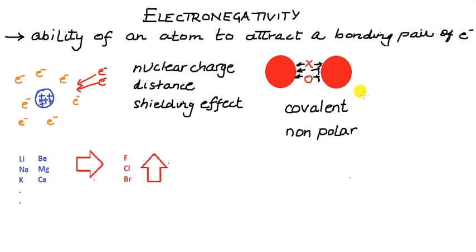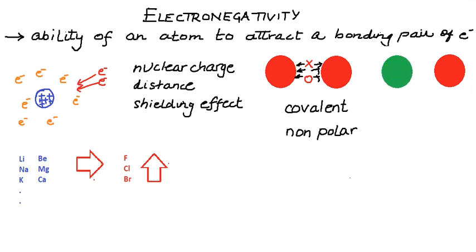Now, if we were to take elements of slightly different electronegativity, so let's take one that is more electronegative, represented in red. And let's take another one which is slightly less electronegative, represented here in green.